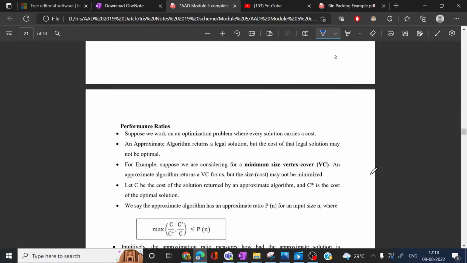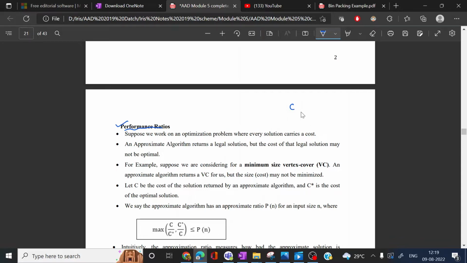Now, in approximate algorithms, another term is the performance ratio. For an optimization problem, each solution is associated with a cost. For example, to find the shortest path from a source node to a particular vertex, that is the minimum distance. So the minimum distance will have a value.